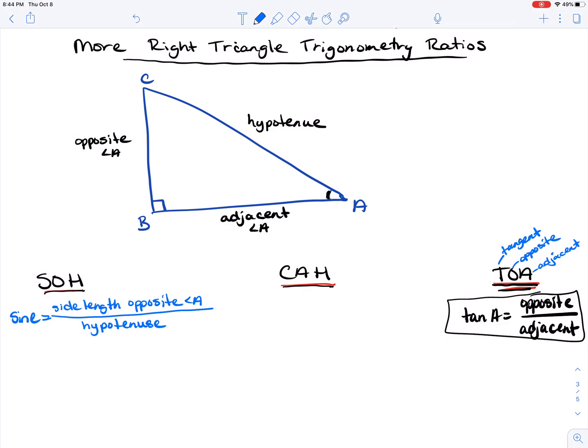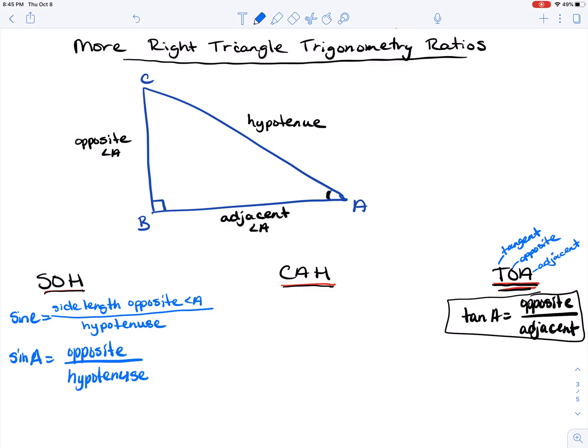So the sine ratio is the side length opposite the angle divided by the hypotenuse. Or as we like to say, the sine of A equals opposite over hypotenuse. So what does that mean for CAH?